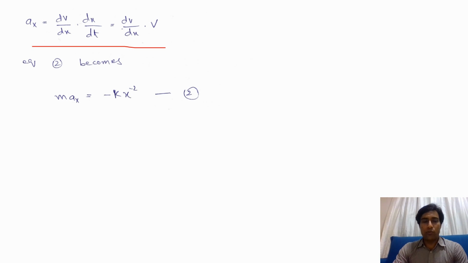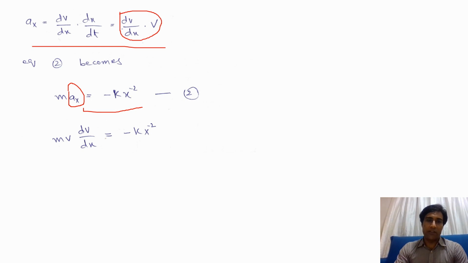So equation 2 becomes m v dv over dx. We only replaced a_x because a_x is equal to dv over dx times v. So m v dv over dx equal to minus k over x squared.